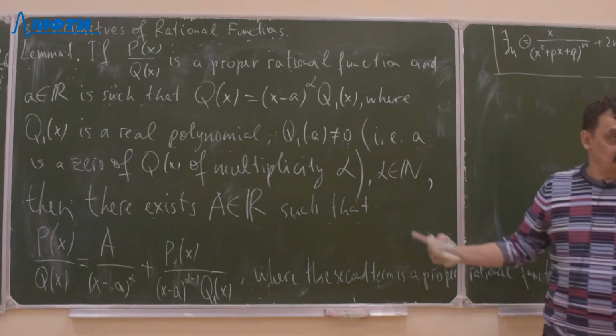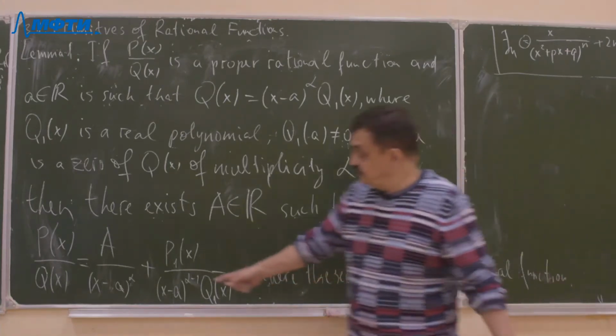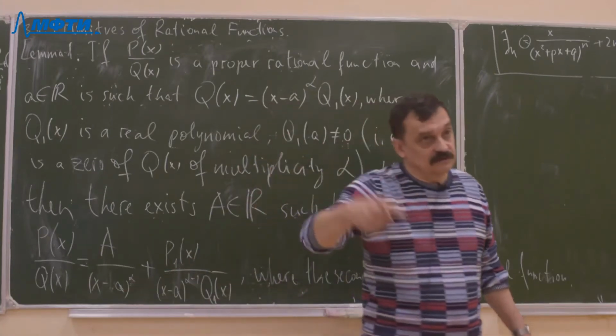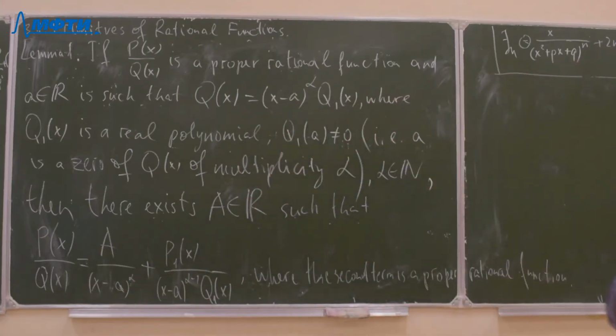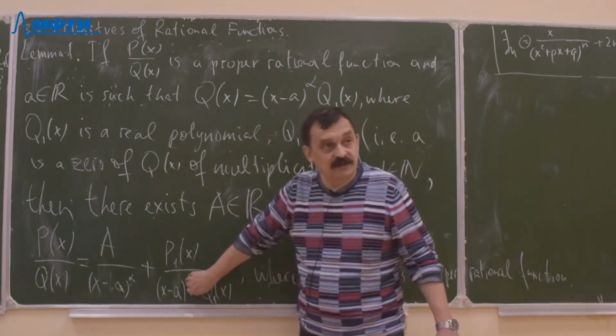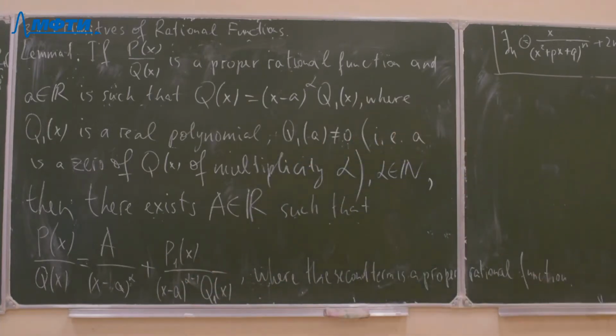So once you have alpha natural, you can diminish this exponent step by step, in such a way that finally you get just x minus a, and then nothing here, right? No x minus a remains.